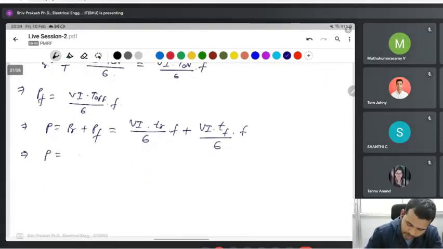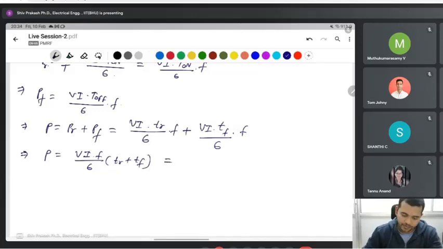You find power is equal to V I into F divided by 6, into TR plus TF. This is the switching power. TR and TF you can read from the data sheet.